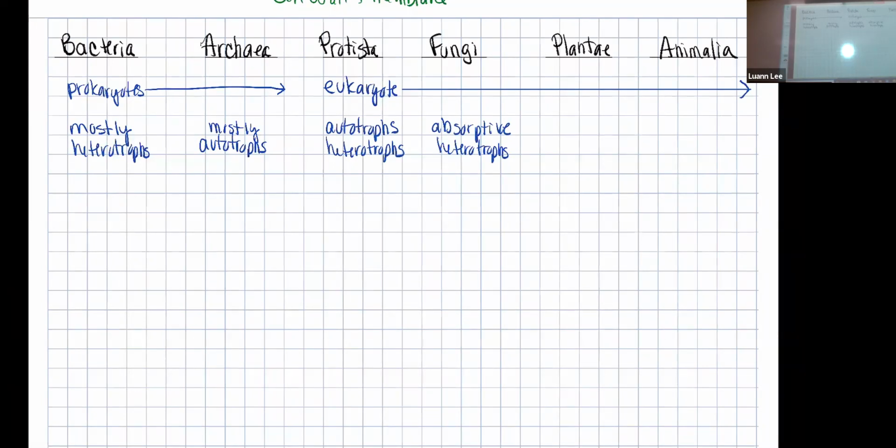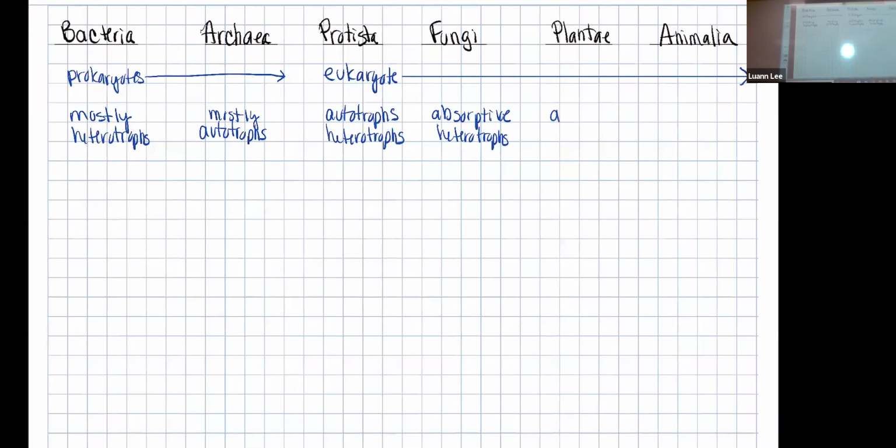There are certain nutrients in that lawn that they can absorb and use. They might be growing on a tree because they're using nutrients that they absorb from a decaying log, a decaying tree, or a live tree. Plants are autotrophs. And animals are heterotrophs. We can't stand out in the sunlight and get our lunch.